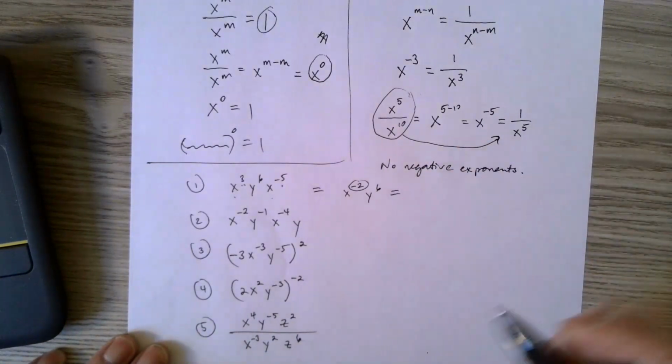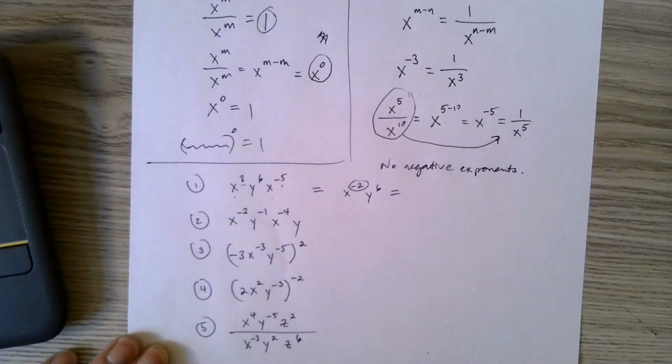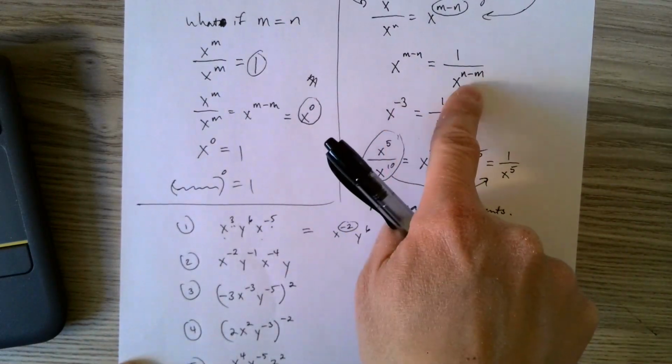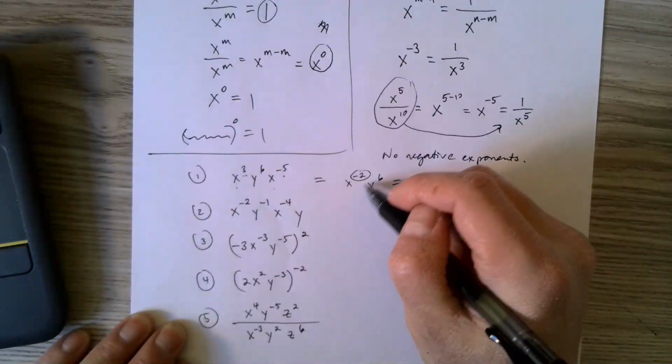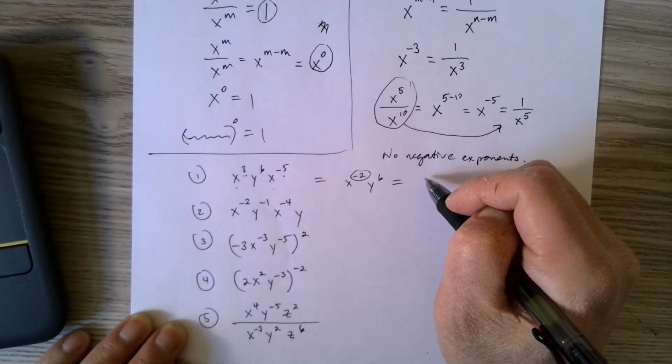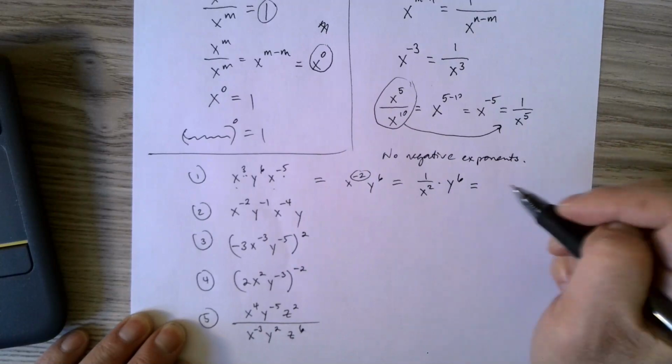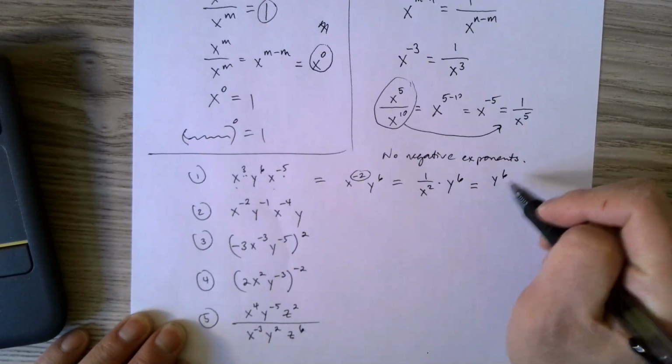So I take that a step further using my negative exponent rule, and change the x to the -2 to 1 over x squared times y to the 6th, and then make it one fraction, y to the 6th over x squared.